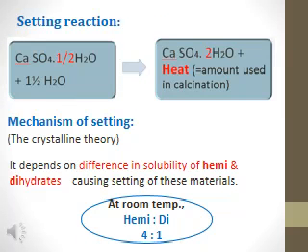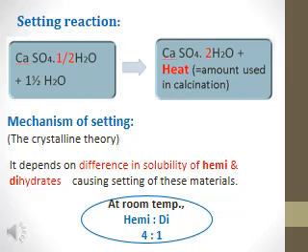The setting reaction of gypsum products. When we mix the powder, which is calcium sulfate hemihydrate, with water, each calcium sulfate hemihydrate molecule of the mix reacts with 1.5 molecule of water to give 1 molecule of calcium sulfate dihydrate.